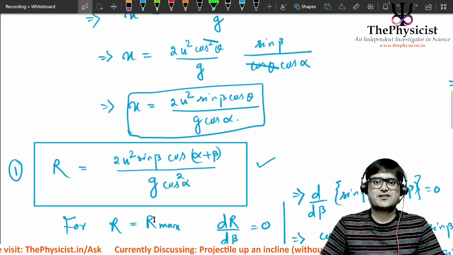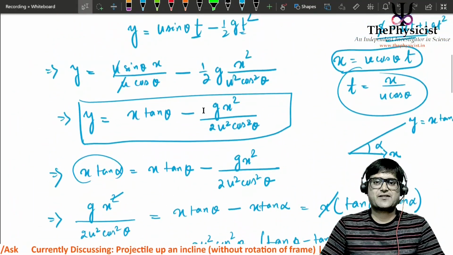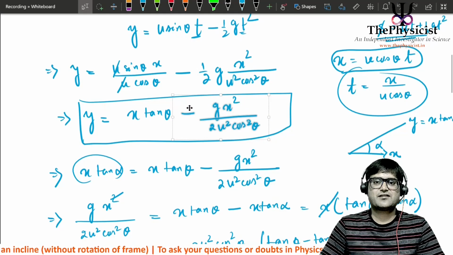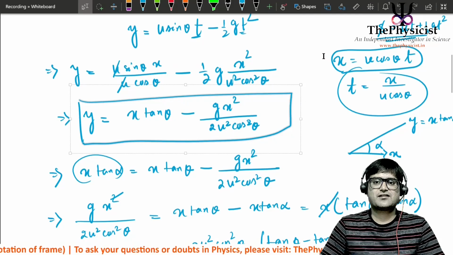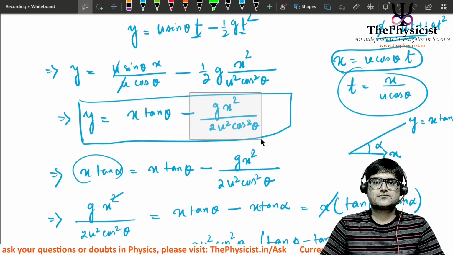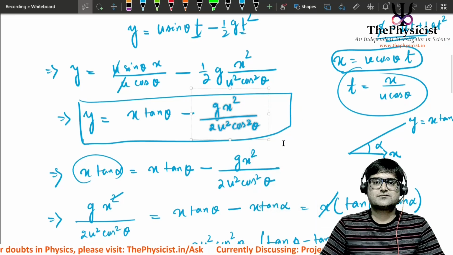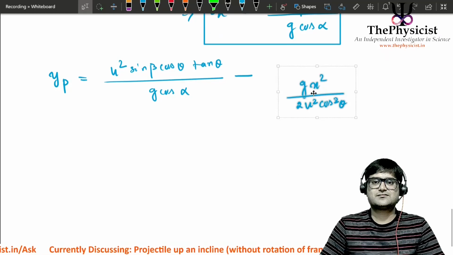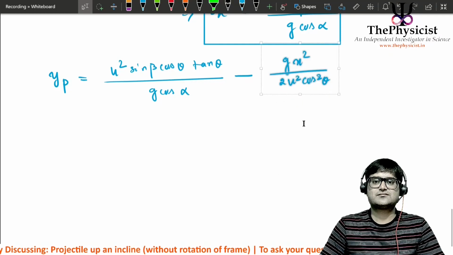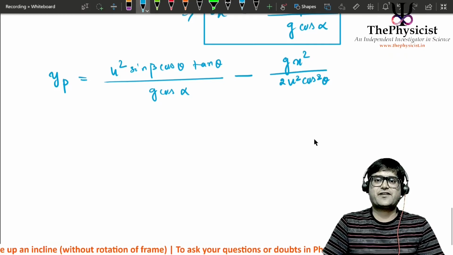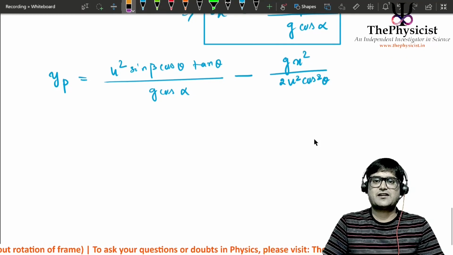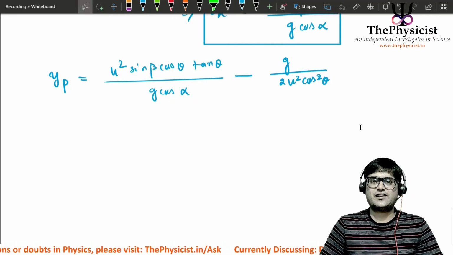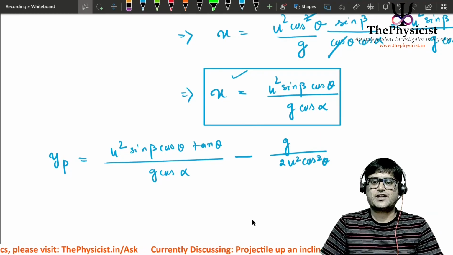Let us simply copy that from here, right? So in this expression, instead of x squared, I will simply take this x squared out and put it here.